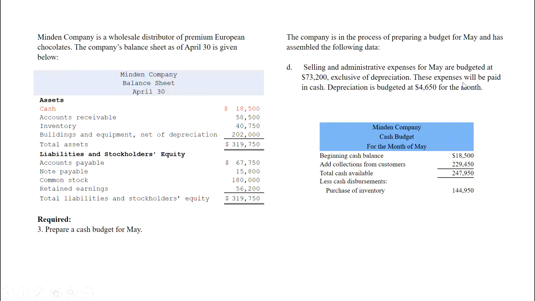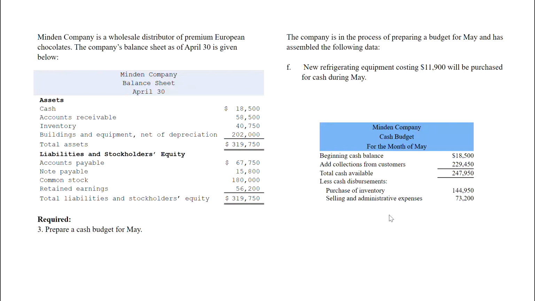All of these expenses will be paid in cash. They do indicate the depreciation is budgeted at $4,650, but keep in mind depreciation is a non-cash expense. So therefore, we need to subtract out our cash payments for selling administrative expenses of $73,200. Now let's look through our problem and see, is there anything else that we paid for and are projecting to pay for in May?